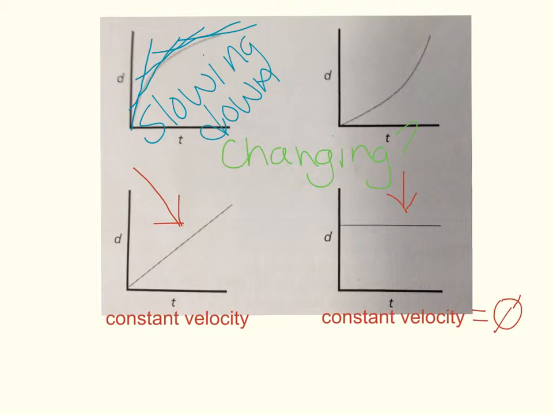The object could be coming to a complete stop. On the other graph, the line is getting steeper and steeper and steeper as time passes. So this object is speeding up. The steeper the line, the faster the object is traveling. The greater the velocity is.